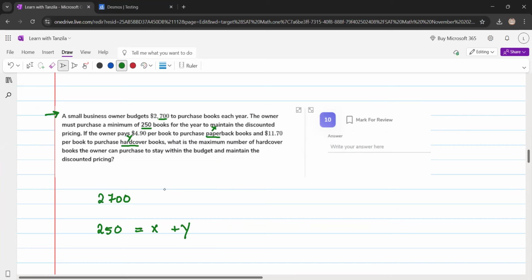If one paperback book is for $4.90, X books will be for $4.90 times X. Then plus, if you're buying the hardcover book for $11.70, then Y books will be for $11.70 times Y. These are your two equations, you solve them. How do you solve them? We'll solve them in Desmos.